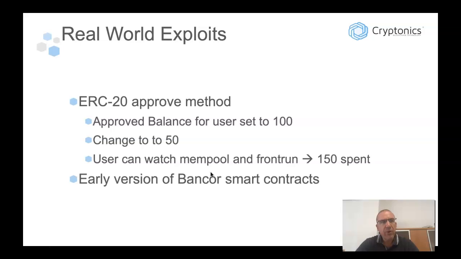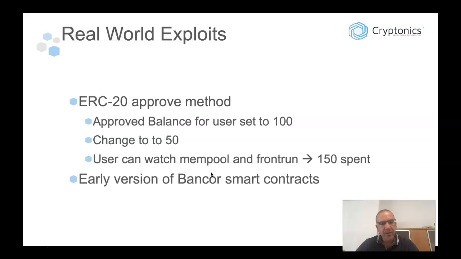Imagine a situation where user A approves user B to spend 100 ETH on their behalf, but then changes his mind and changes it to 50 and just uses the approve method again.